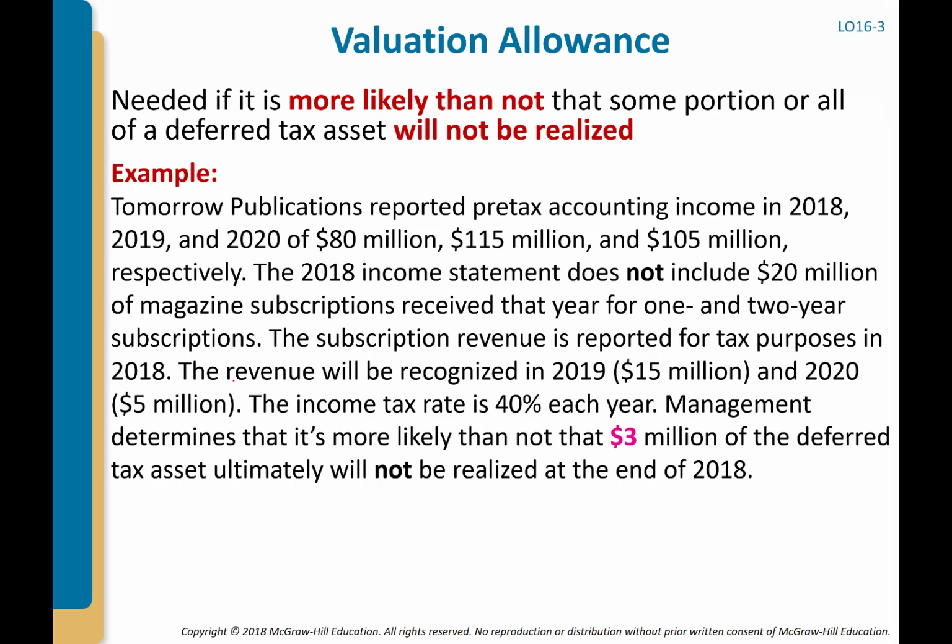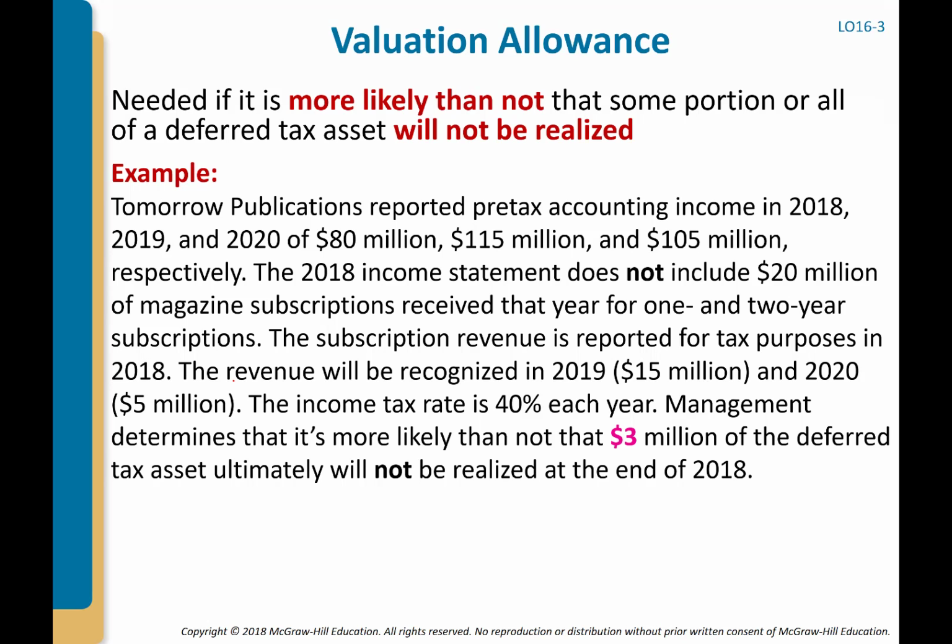More likely than not means more than 50%. If you think you will not actually realize the benefit of that tax asset, they require you to report a valuation allowance against that asset, okay?